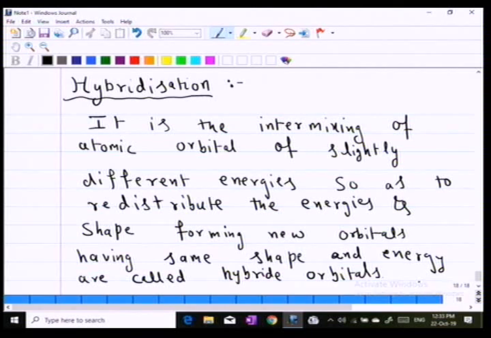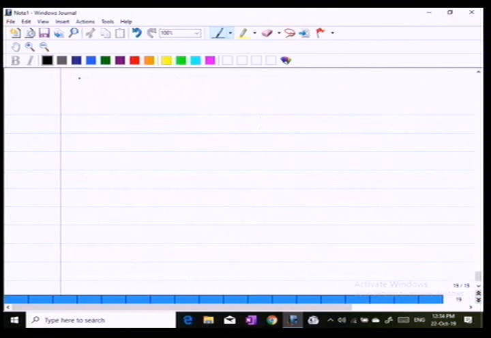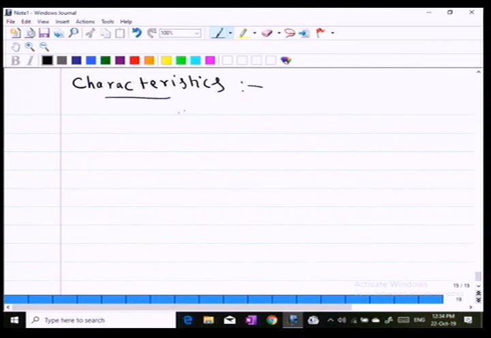Copied? Okay. Characteristics. Guys, copy along with me.